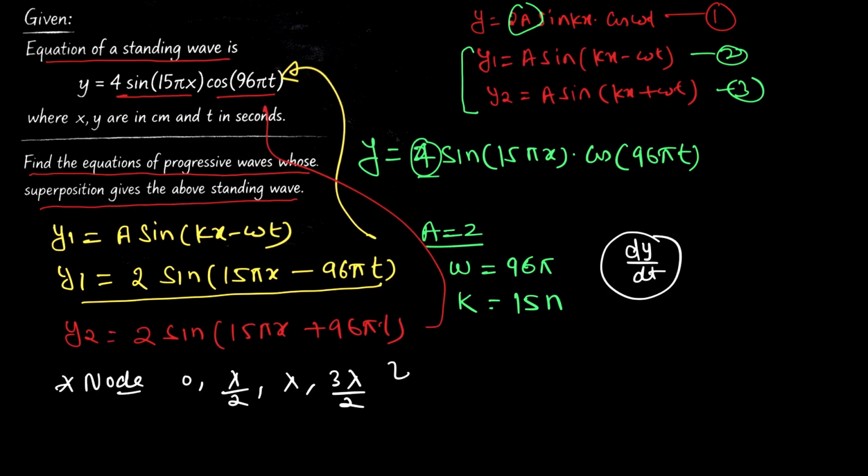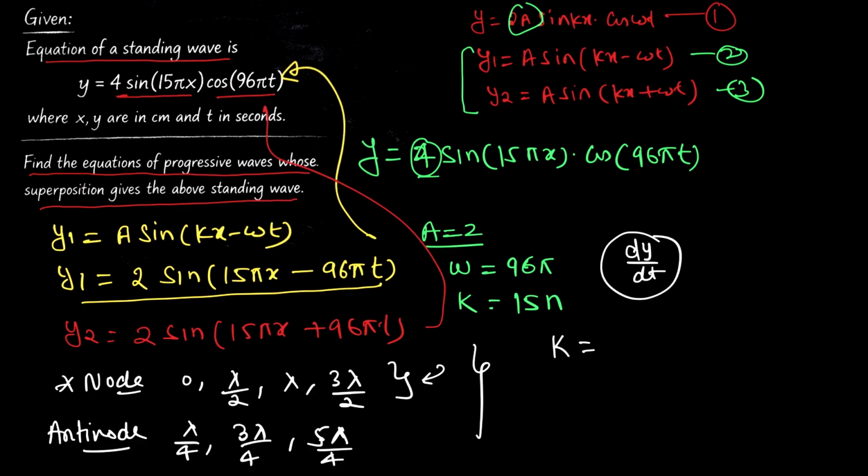So if I know lambda, then I can substitute the value and calculate. For antinode, that will be lambda by 4, 3 lambda by 4, and 5 lambda by 4. So if I know lambda, then I can calculate node as well as antinode.